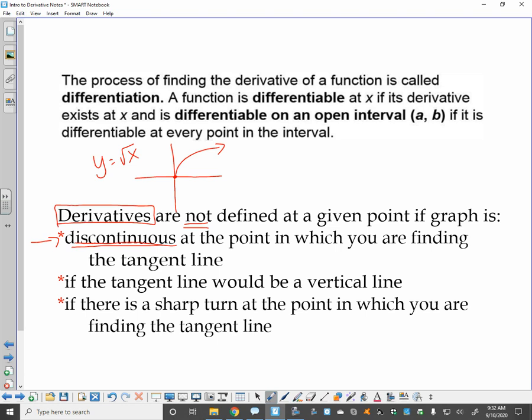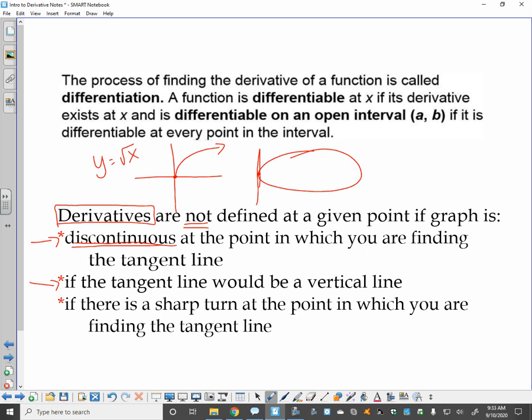You cannot find the derivative if the tangent line would be a vertical line. So if I gave you some sort of ellipse, you could find the derivative of it, but you couldn't evaluate that derivative here because its tangent line would be a vertical line. You also cannot evaluate the limit if there is a sharp turn.